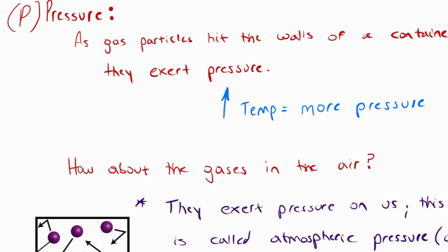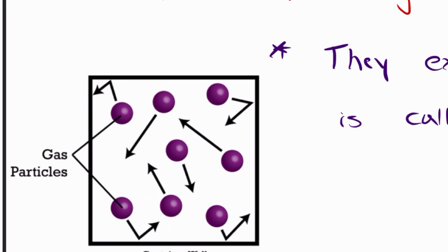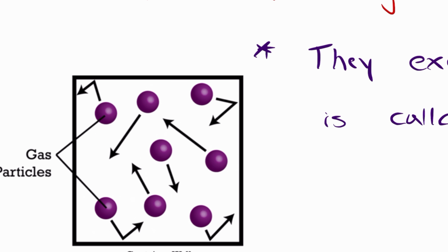Pressure. So pressure is built up, and we talked about this before in the previous slides, but pressure is a buildup where gas particles hit the walls of a container and they exert pressure. So a perfect example of this again is, you guessed it, the container, where we have gas particles.